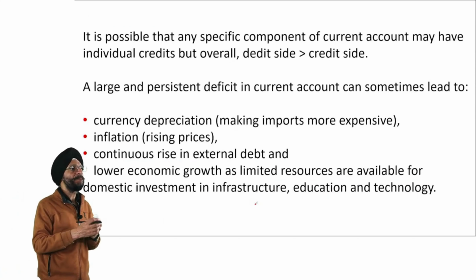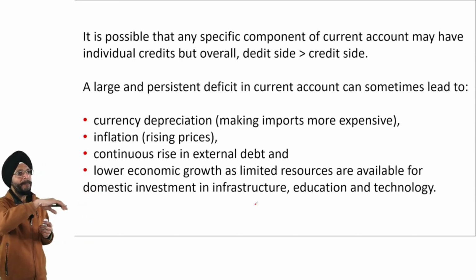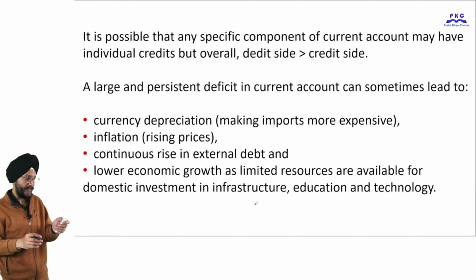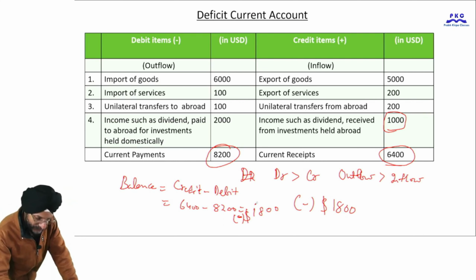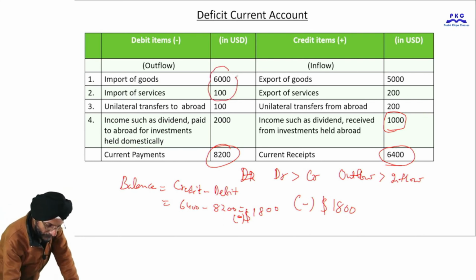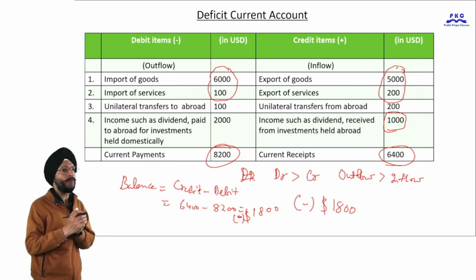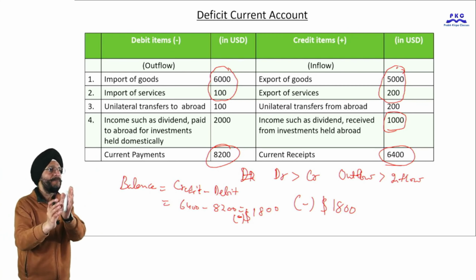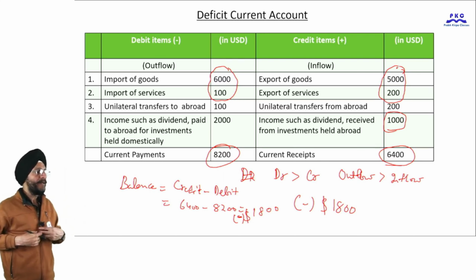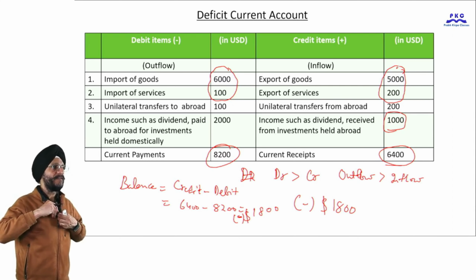It is possible that any specific component of the current account may have individual credit, but overall debit is more than the credit side. It means that as a whole imports are more in comparison to exports. Or if we go through all the items on the debit side and credit side, as a whole debit is more than credit as a whole.